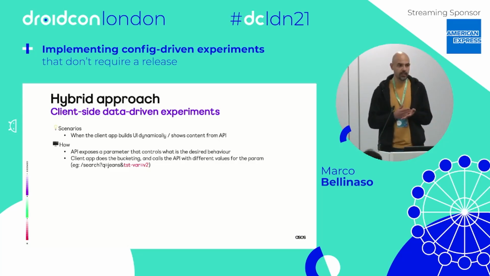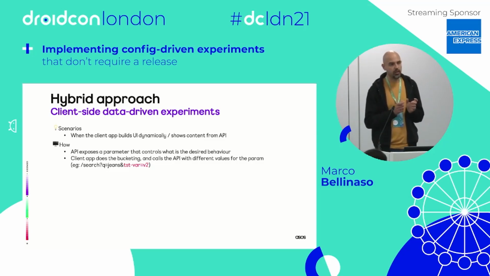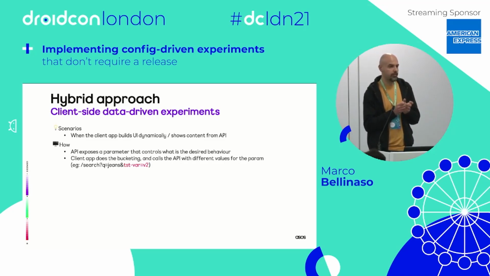According to that variant, when some API call is made, a parameter is appended at the end of the API call, telling the API what version of the response it should return. And according to the response, the client side is going to build the UI dynamically. And we're going to show you a few examples in a minute to make it clearer.